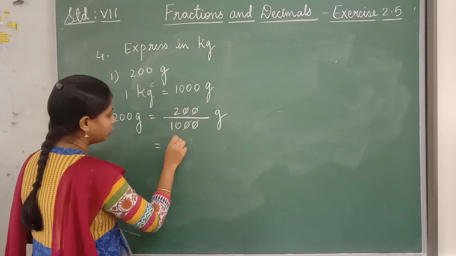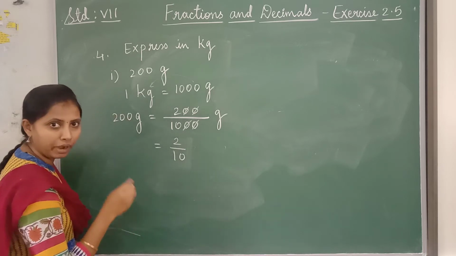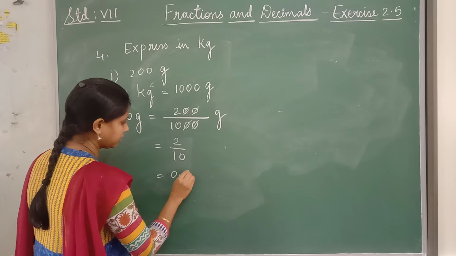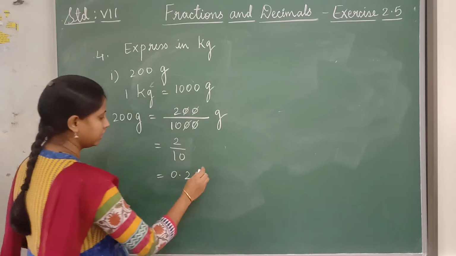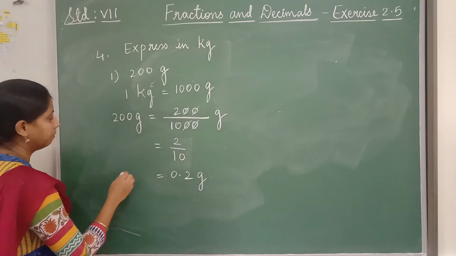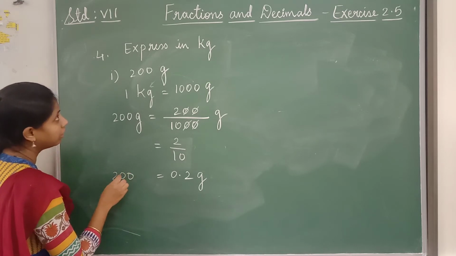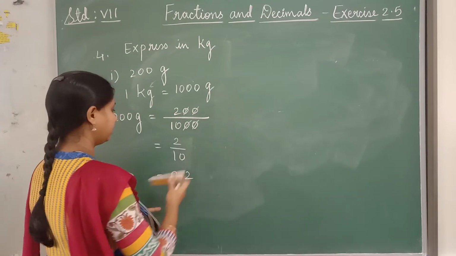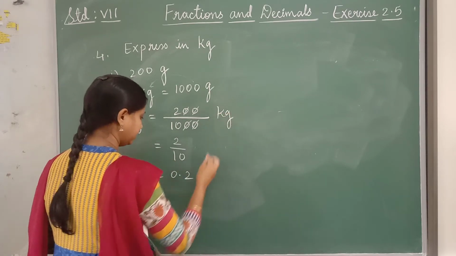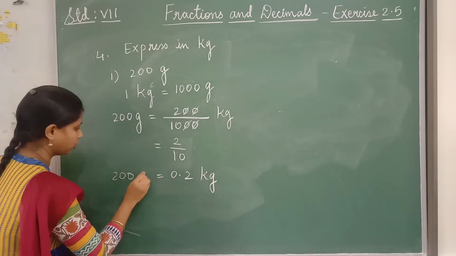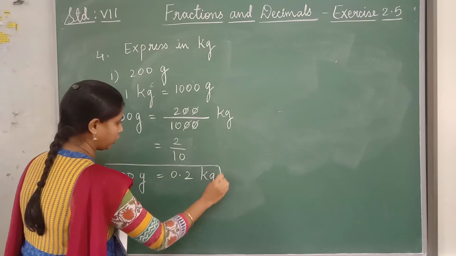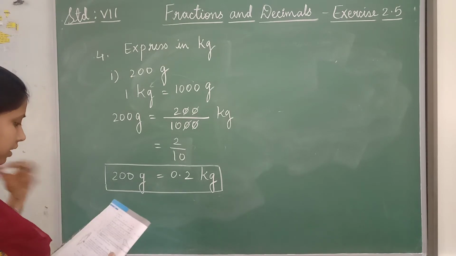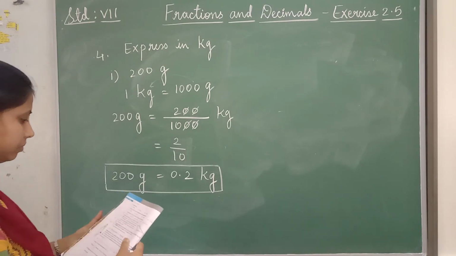So you got 2 by 10. 2 by 10 in the decimal form is nothing but 0.2. We are converting into kg, so write kg. 200 gram is equal to 0.2 kgs. Okay, children. Now let's see one more example.